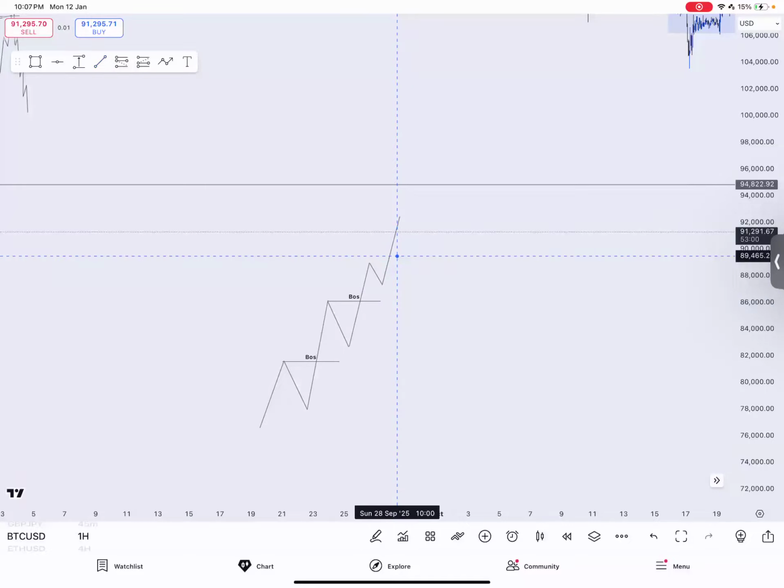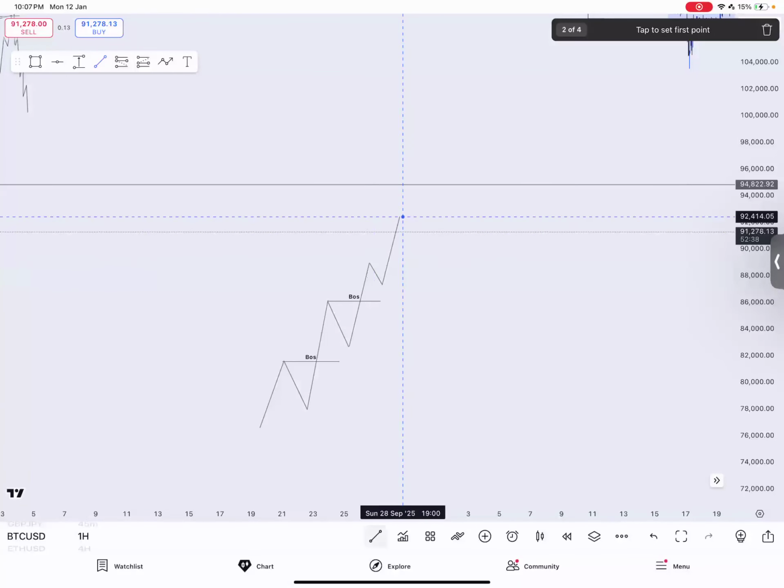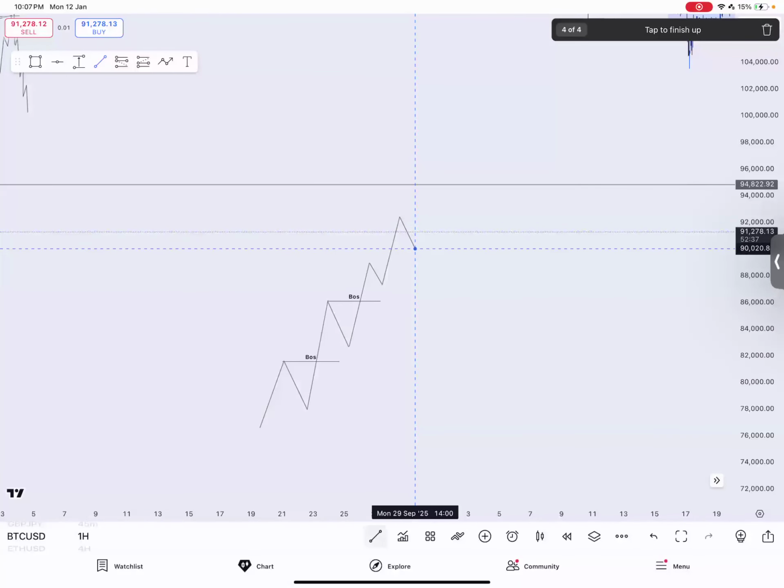So, unlike market structure shifts, whenever you get a break of structure, whichever direction market is currently trading, that is where you're still going to be taking your trades. So if market is bullish and you get a break of structure, you're still going to maintain a bullish move. If market is bearish and you get a break of structure, you're still going to maintain a bearish trend. But if it's an MSS, this would be an example of an MSS.